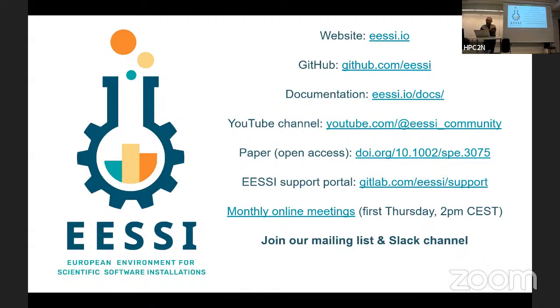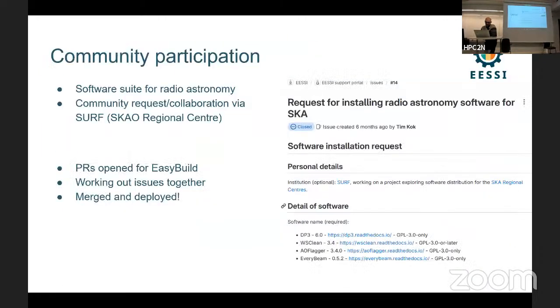So say in that example, the SKA thing, where it was a collaborative process between the people who requested it and the Easy side to get the easy configs and everything up and running. It sounds like it could have a negative impact on EasyBuild, like more work. I think, at least currently, it's actually having a positive impact because it's bringing in more people.